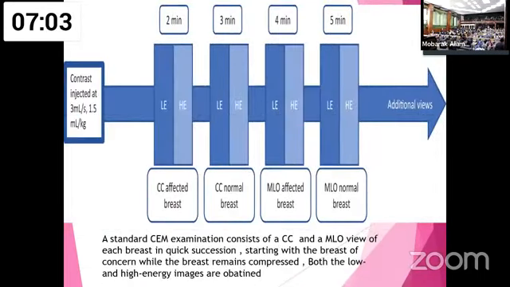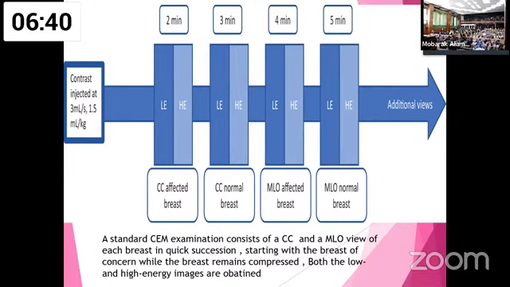The exam is done by injecting intravenous low osmolar contrast material in a dose of 1.5 ml per kg and a rate of 3 ml per second.